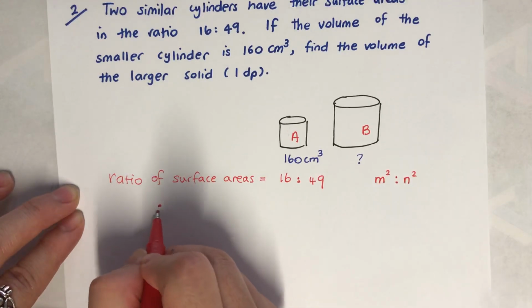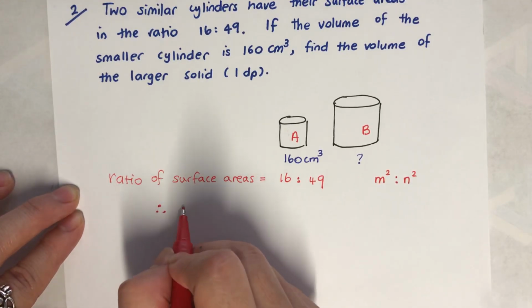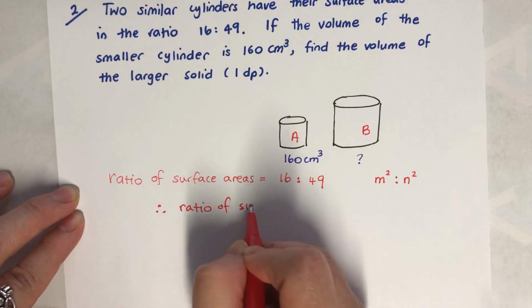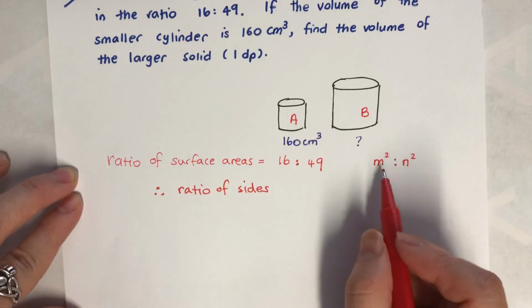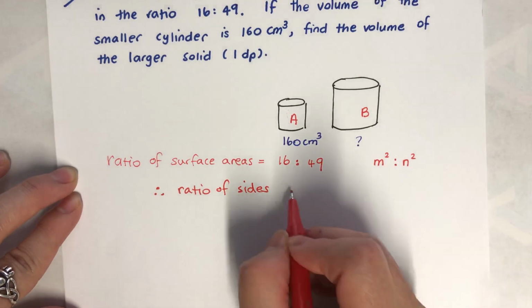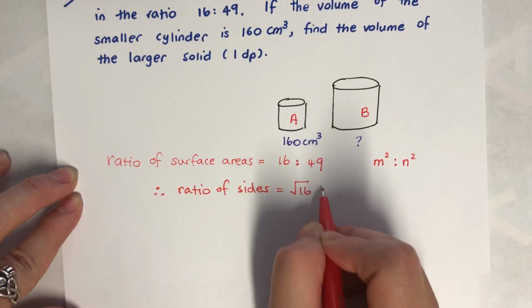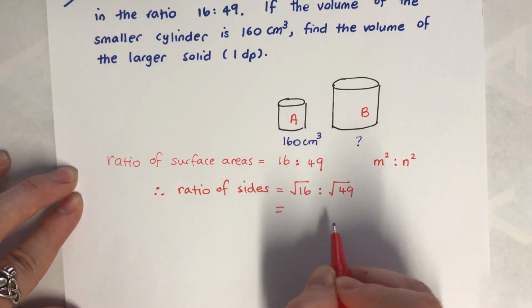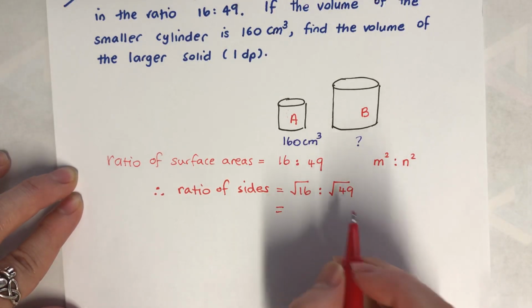So we need to find a ratio of sides. To get to m and n, you just have to take the square root of the ratio of areas, and only take positive, guys.